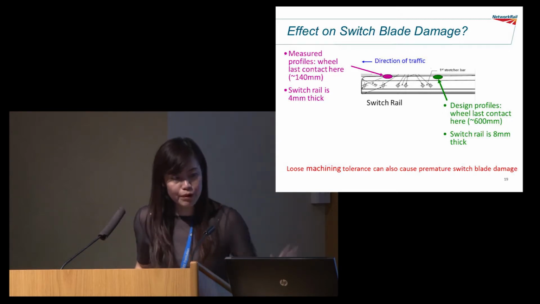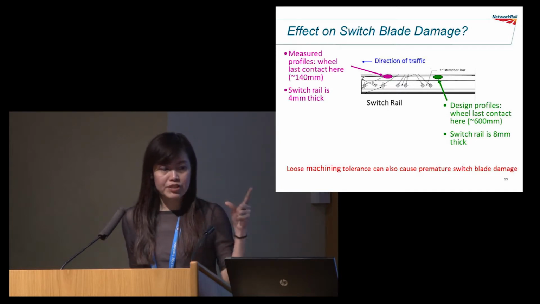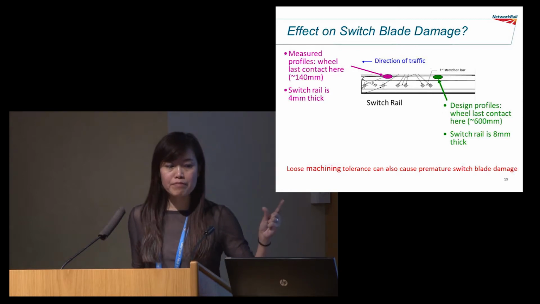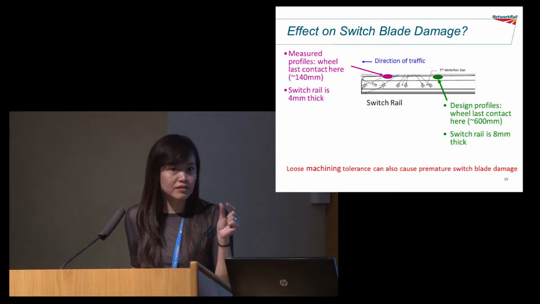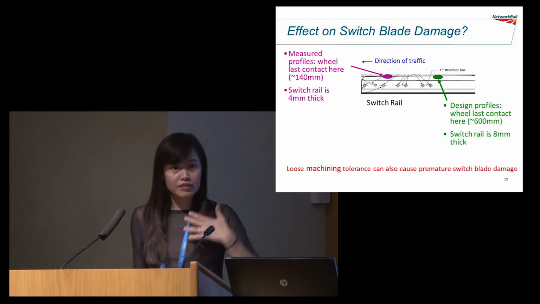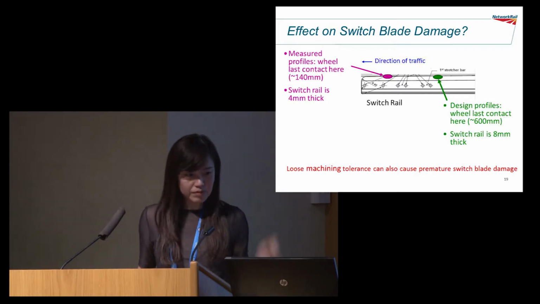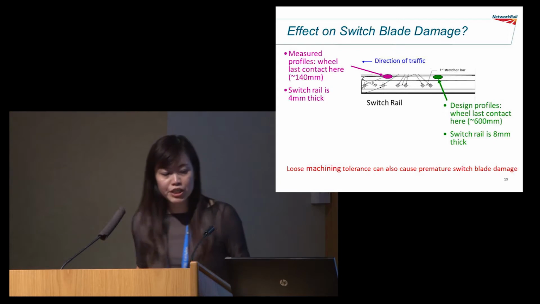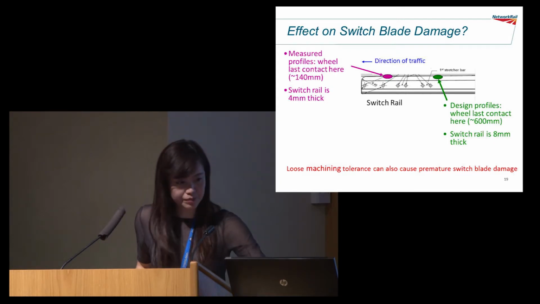But with the measured profile, I ran the same simulation and the contact position is actually at 140 mil from the toe, and the width of the switch is 4 mil. So that's why sometimes we have switch blades breaking off because of the tolerance issues. So loose machining tolerance can also cause premature switch blade damage.